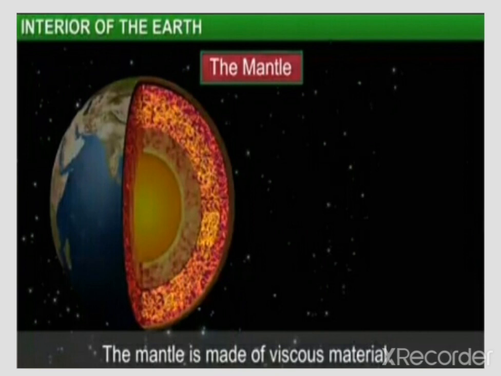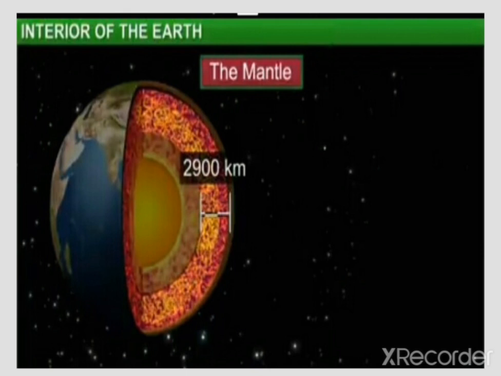As we move deeper, at the depth of 2400 to 2900 kilometers, we have noticed that the temperature is around 2200 to 2500 degrees Celsius. That much high temperature we have noticed at the depth of 2400 to 2900 kilometers.